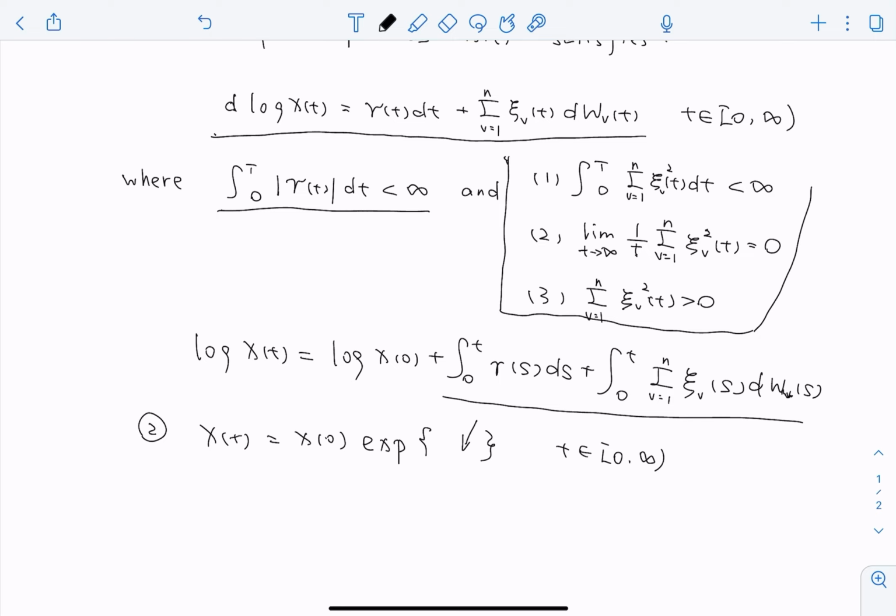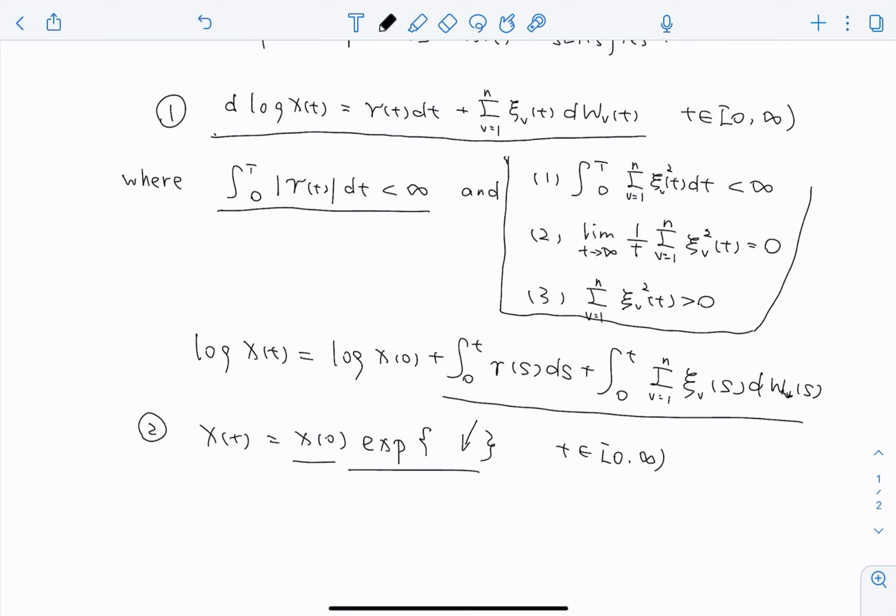Frequently, a stock price process will be referred to simply as a stock. In our definition 1, X of t represents the price of the stock at time t, and it follows from the second definition that X of t must be more than 0 for all t, because this term is more than 0 and this term is more than 0.